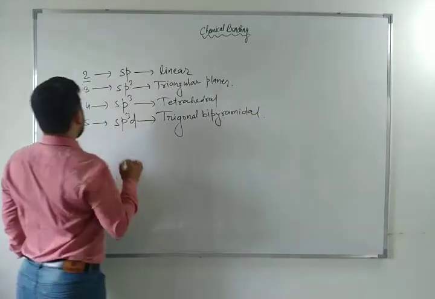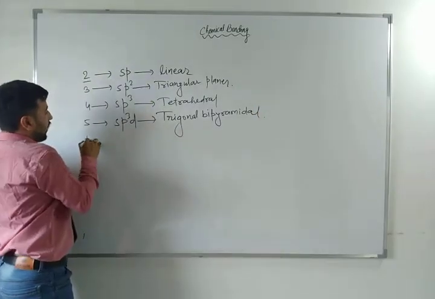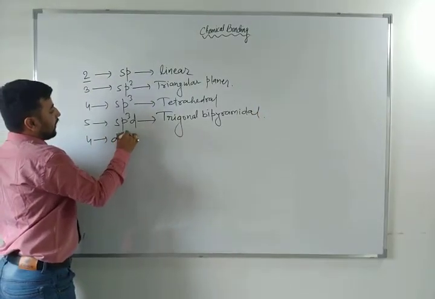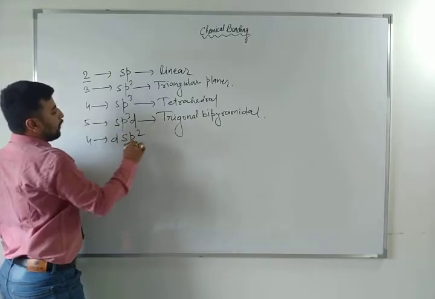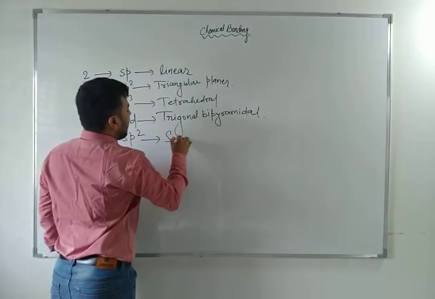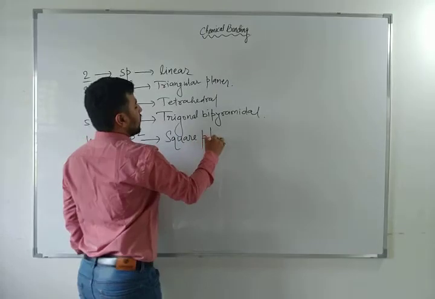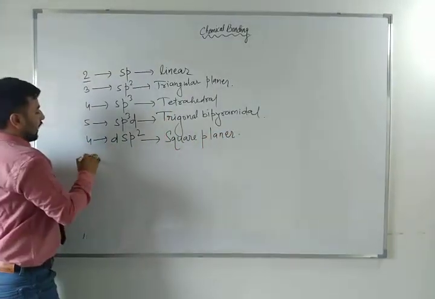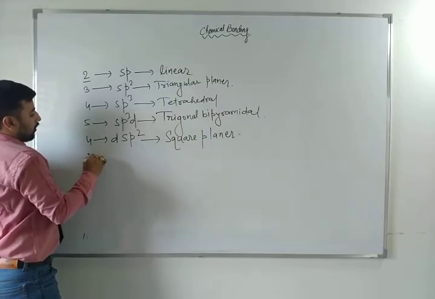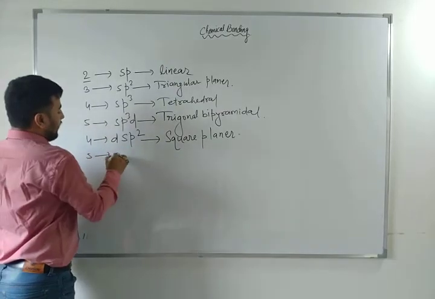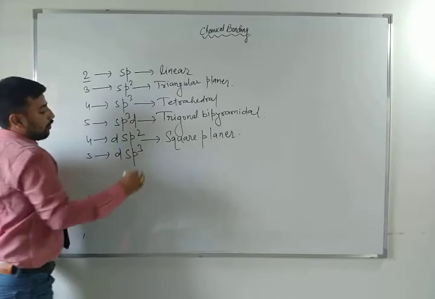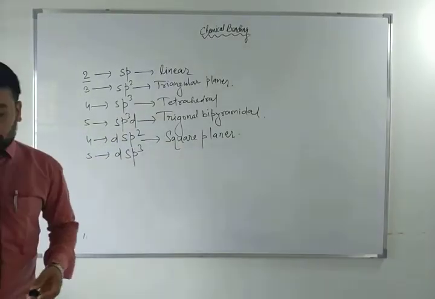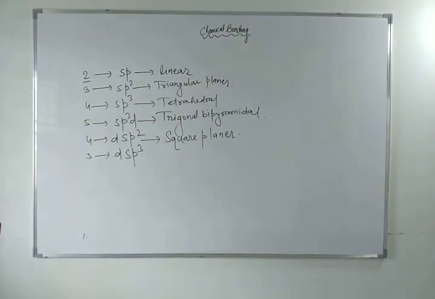Okay. Now if I talk about the 4 atomic orbitals, but one s, dsp2, then there will be square planar. Again, if I talk about dsp3, 1d and 3p, dsp3.